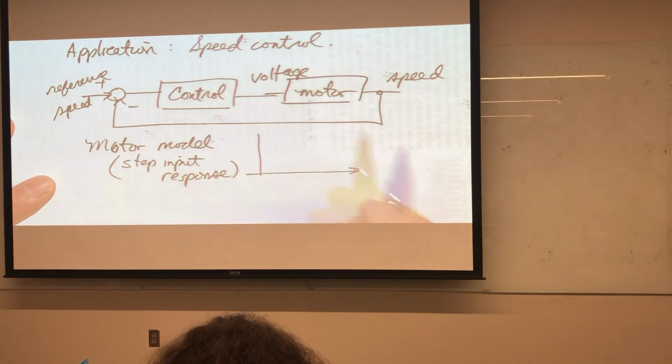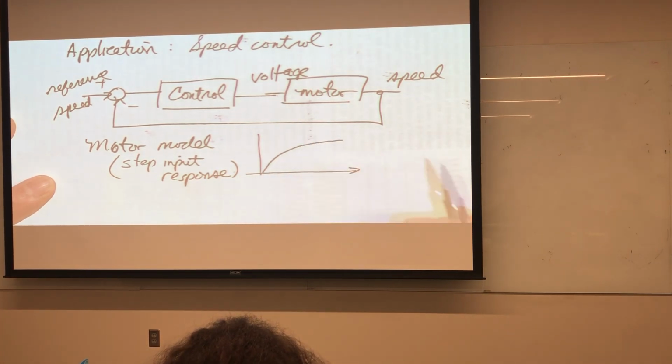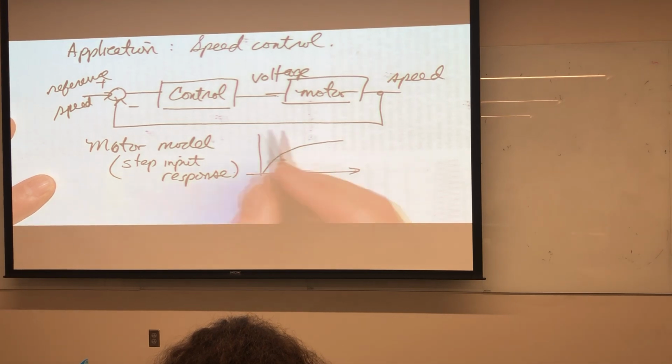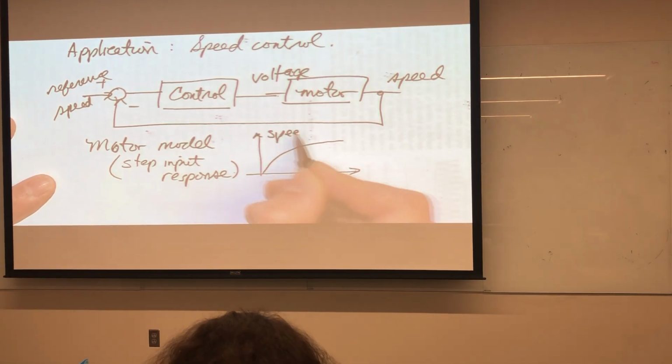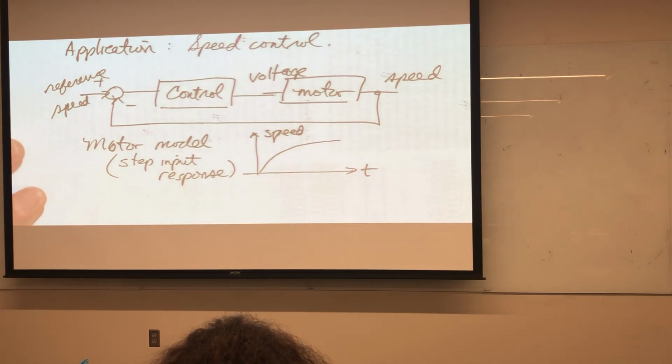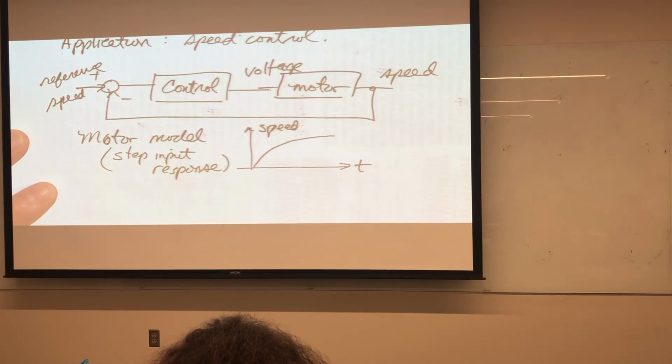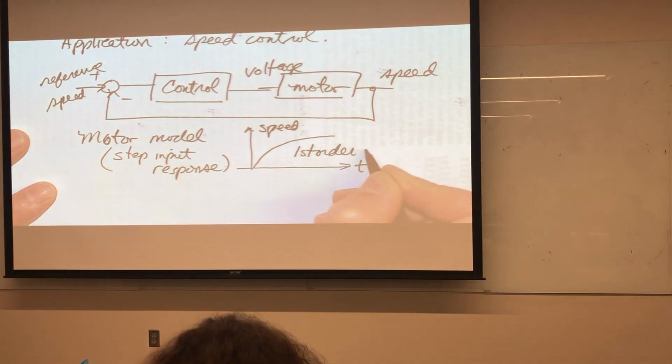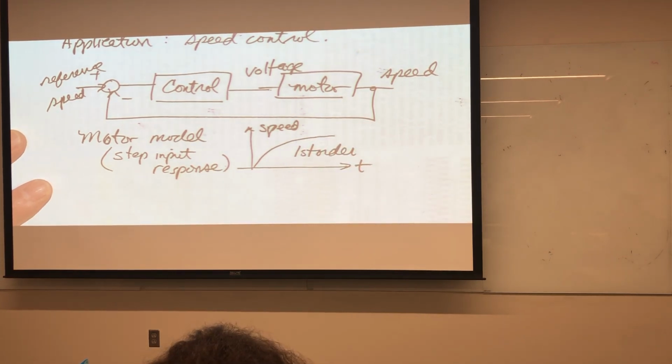Let's put in a step voltage in time, then the speed might do something like this. Okay, so this would be speed as a function of time. We might model this as a first order response between voltage and speed.